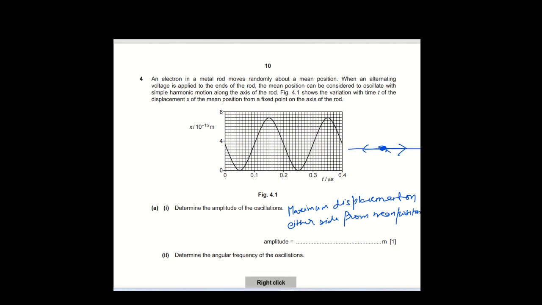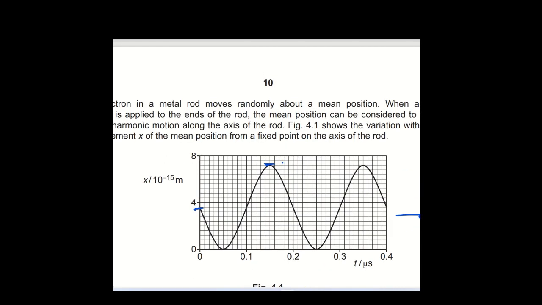So here you will see the mean position is this, and this is the maximum position, and if you read out these values, here the gap is 0.4, so this value will be 7.2.